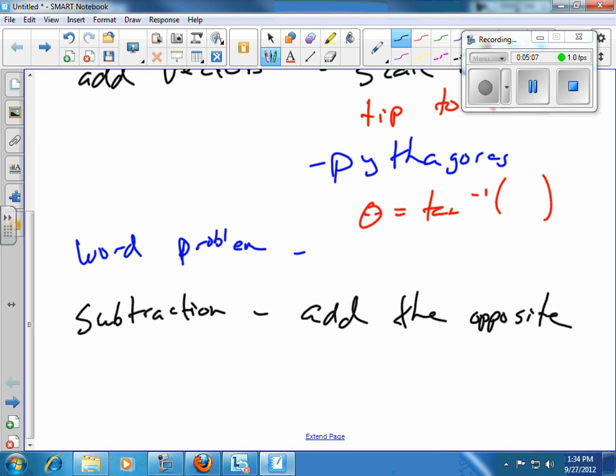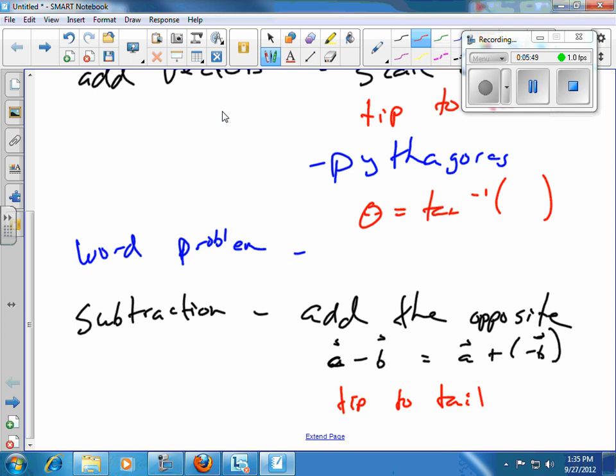So A minus B is equal to A plus minus B. Adding the opposite, which is what we did yesterday. Remember that? Okay. Then all you do is flip that thing and it becomes an adding question, and you can do it by scale drawing or you can do it by Pythagoras. And once again, I'm reminded that you can only do Pythagoras when it's a right triangle.